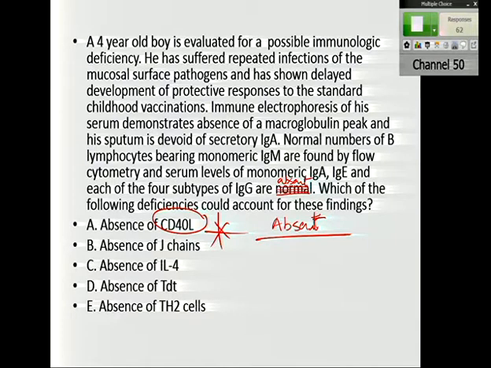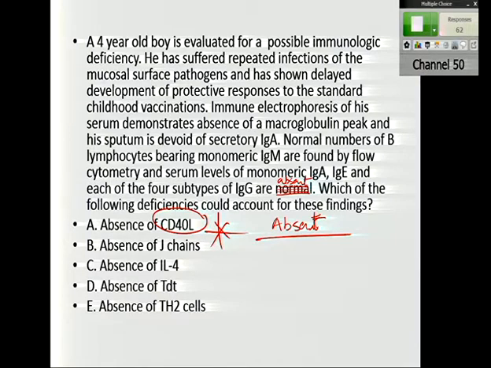Absence of IgM. Normal numbers of lymphocytes bearing monomeric IgM are found by flow. Yes, monomeric IgM. I did not see the monomeric IgM. I'm so sorry. I was reading it wrong. There was nothing wrong with the question.